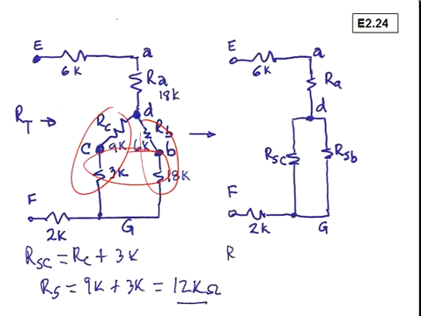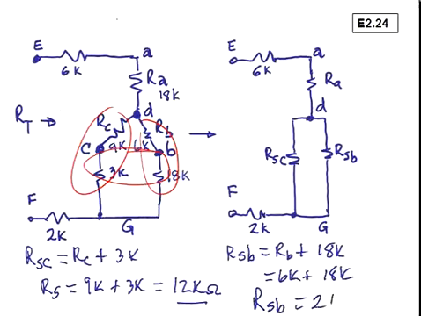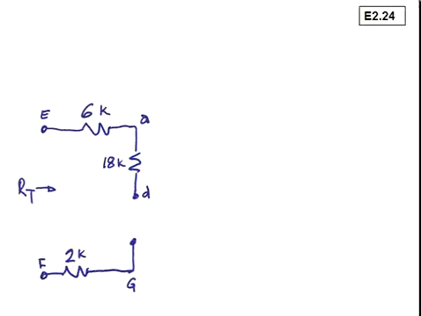And likewise, RSB is equal to RB plus 18K, or 6K plus 18K, and RSB is equal to 24K. So we can label those quantities on this circuit, 12K and 24K, and proceed with the next step in the analysis.